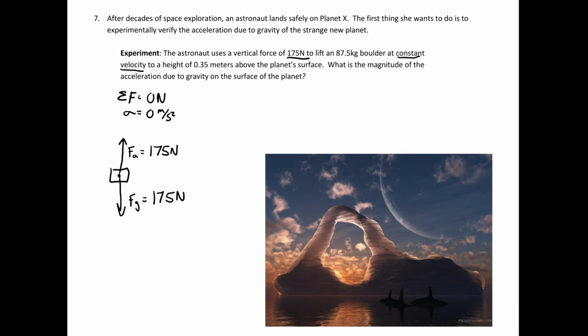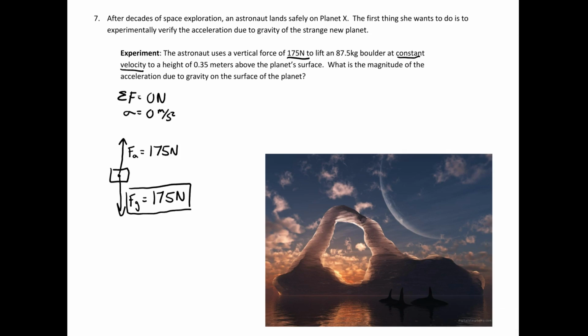The forces balance each other out. The boulder is in equilibrium, moving up at this constant velocity. The net force is 0 newtons, so that's how we know that the forces are balanced and they're equal to each other. That was kind of tricky. That whole conceptual thing gets you to the idea that Fg is equal to 175 newtons.